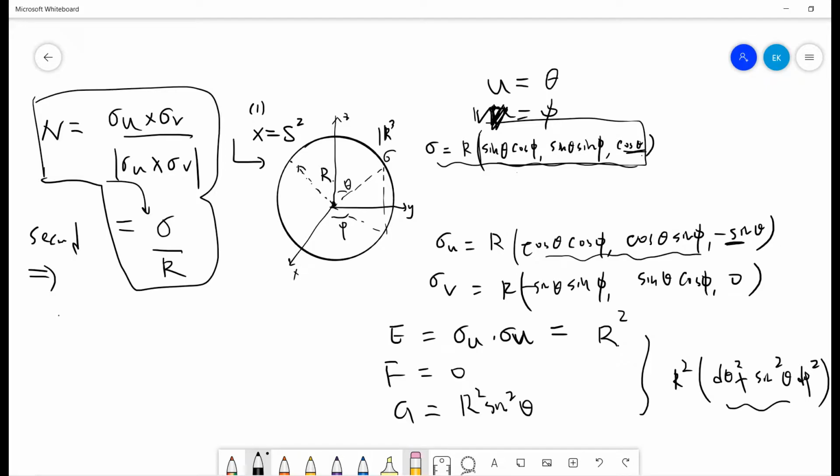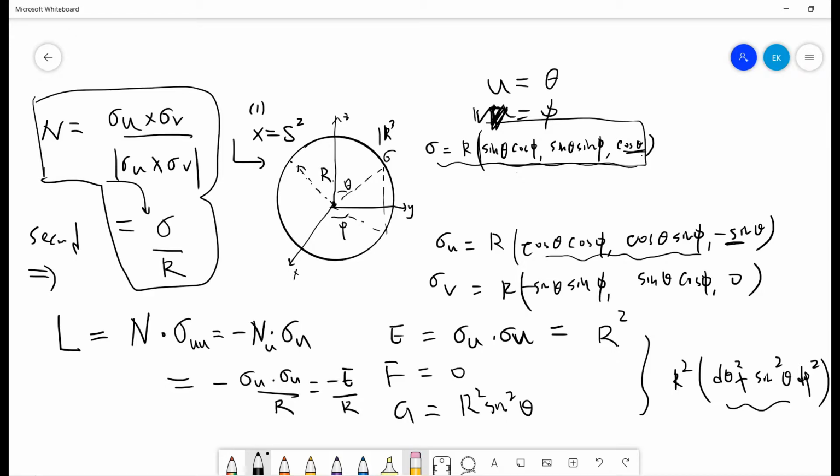The second fundamental form L is defined to be n dot sigma u u, but as we proved, this is minus n u dot sigma u, because n dot sigma u differentiated is 0. So this is exactly minus sigma u dot sigma u divided by r, so it's negative E divided by r.